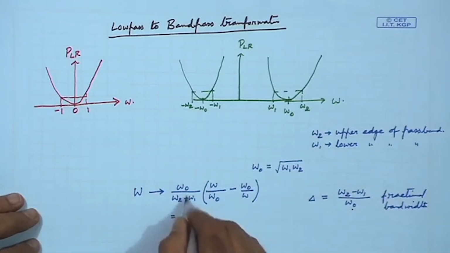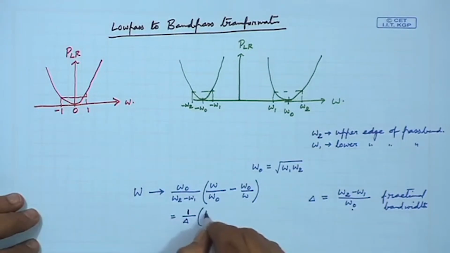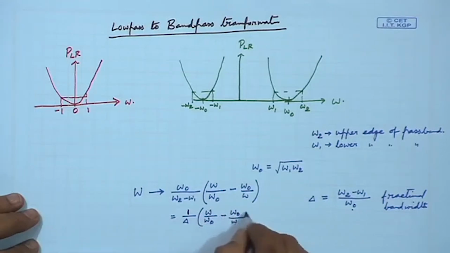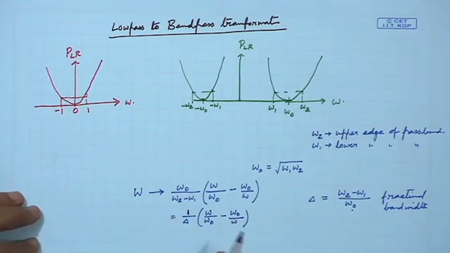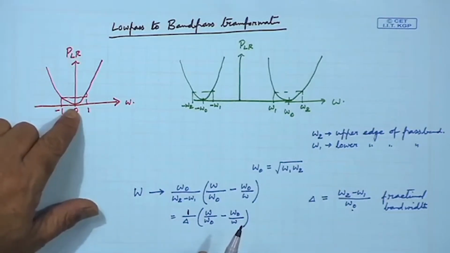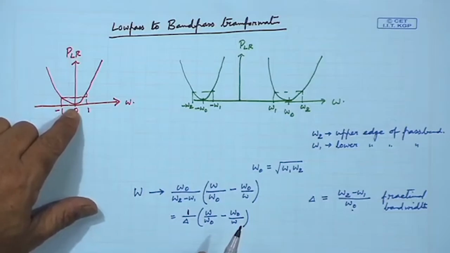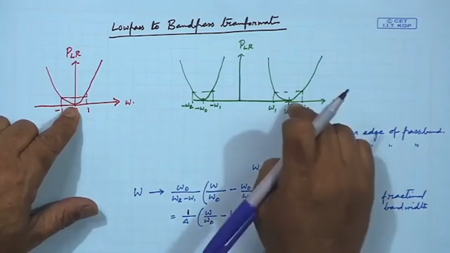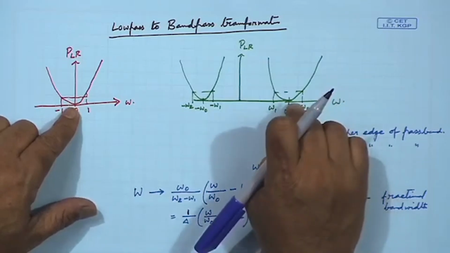So, in terms of that, this side I can write 1 by delta into omega by omega naught minus omega naught by omega. Now, you see that I want the minimum attenuation point in the pass band, the minimum insertion loss point, to be mapped to omega naught.